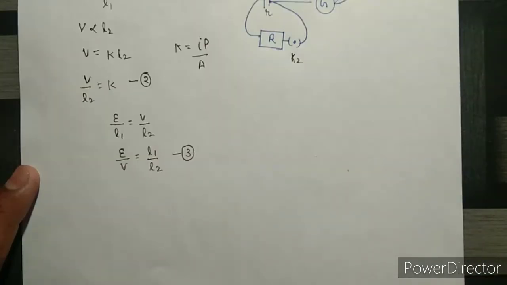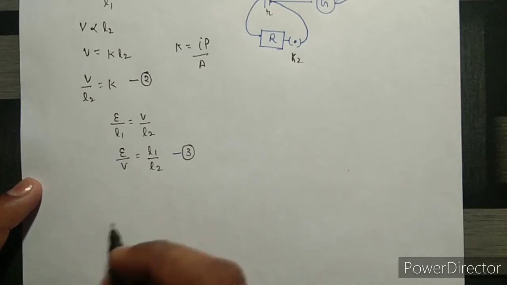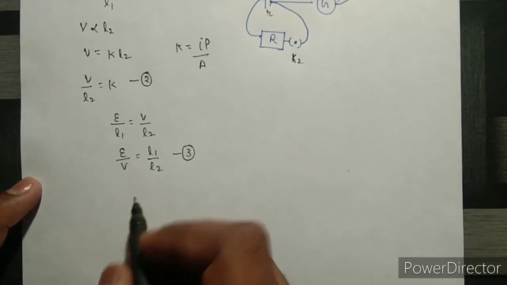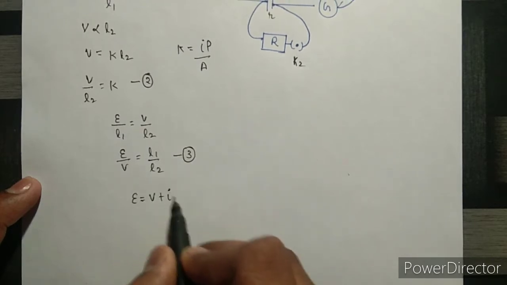Now we have to find the internal resistance of the cell, and we already know the relation between EMF and internal resistance of the cell: E is equal to V plus I r.